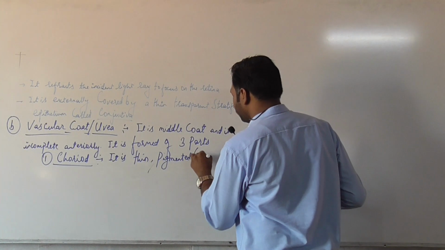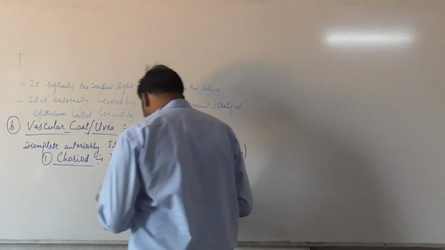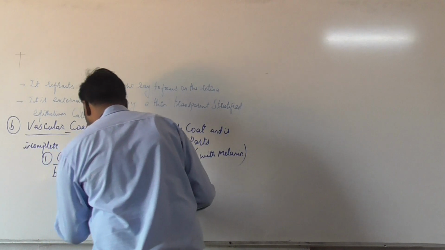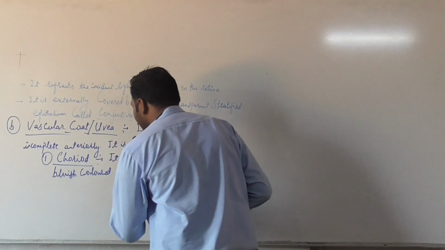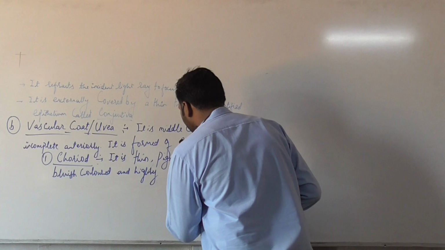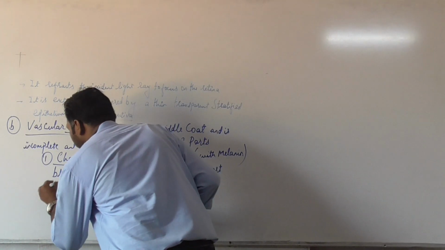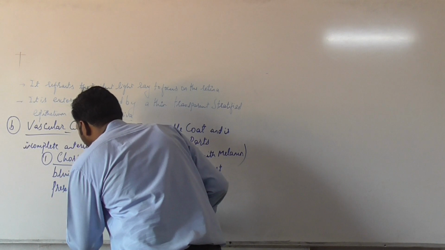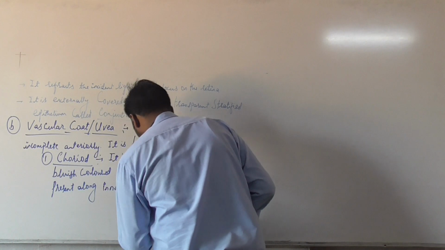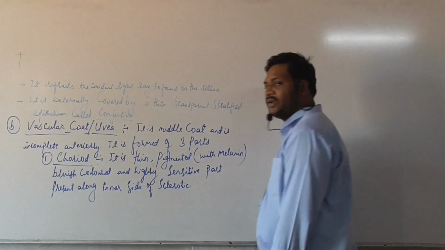So you can write in the bracket, pigmented with melanin, bluish colored and highly sensitive part present along the inner side of the sclerotic.